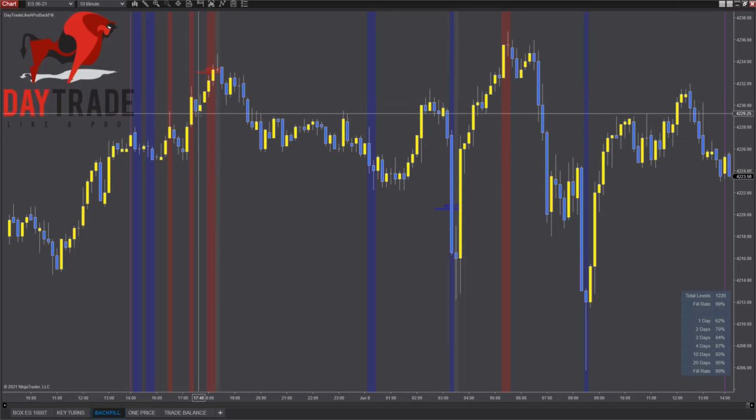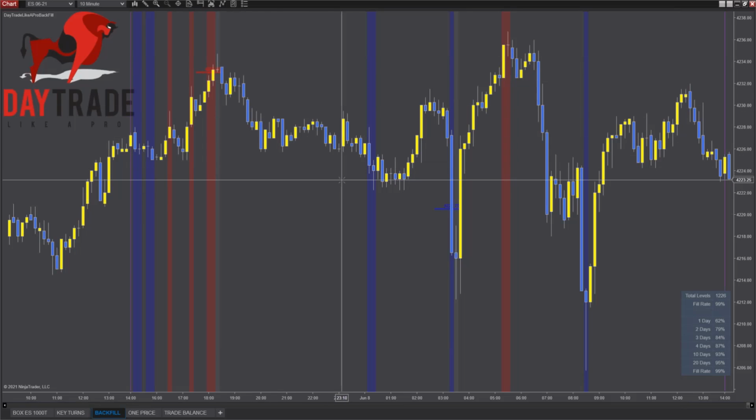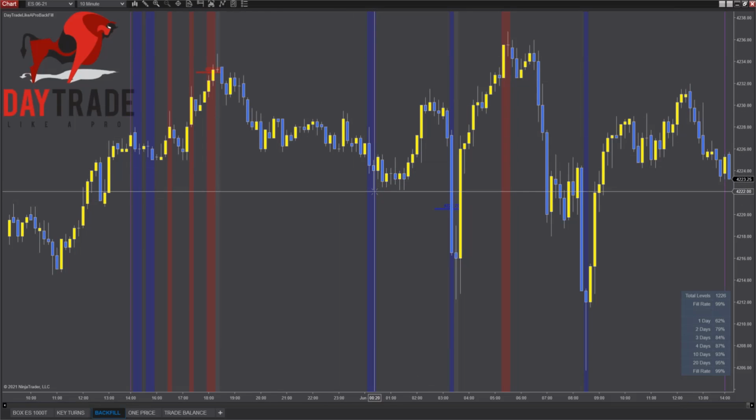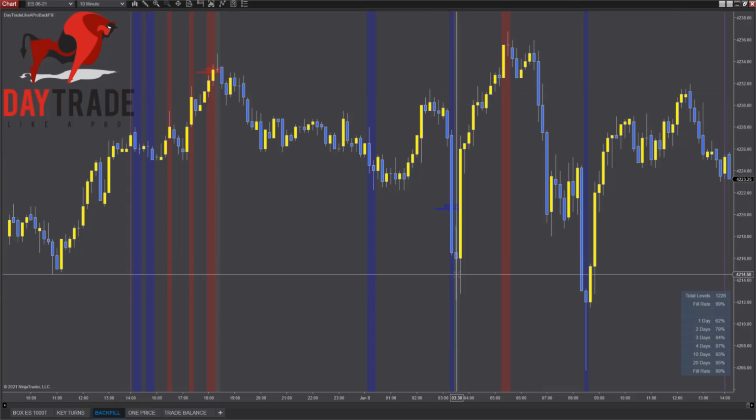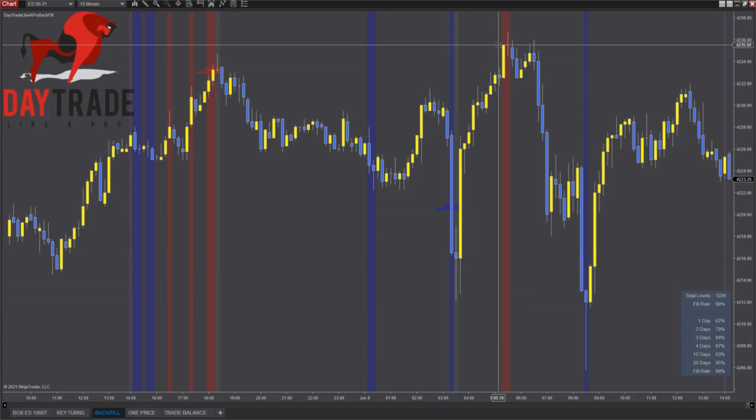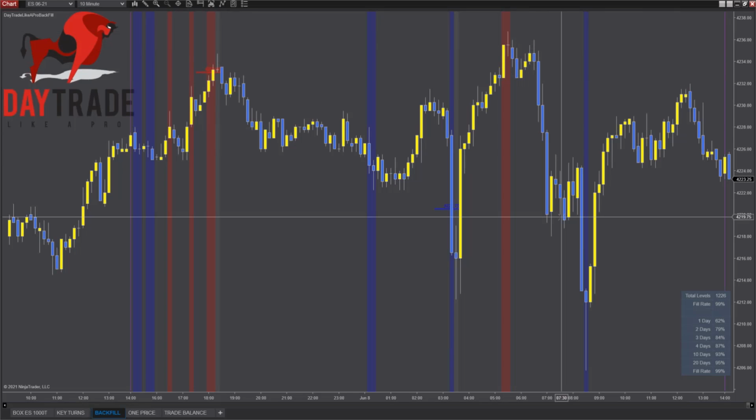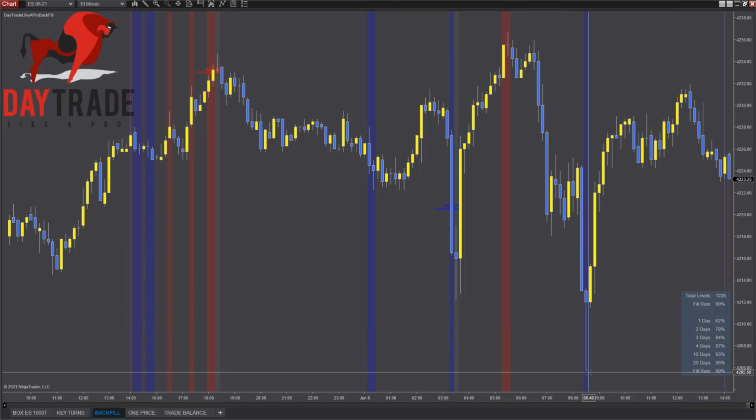Selling pressure, it does pull back. Selling pressure, one more tick up, and then it pulls back. It says buying pressure, and pushes up from there. This says buying, one more spike down, comes all the way up here. This says selling, one more candle up, and then down. Buying, that's the low of the day today.